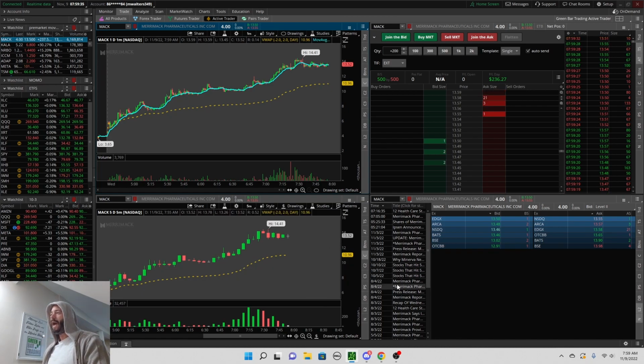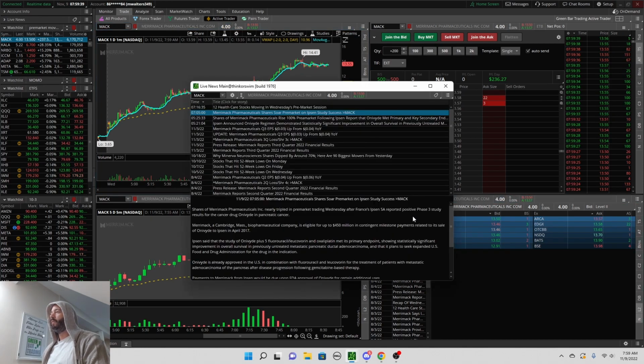So catalyst. Why is this stock in play? Very simple. This is one of the best types of catalysts. When you have a biotech stock that has a positive phase 3 study for cancer, that is an outstanding catalyst.